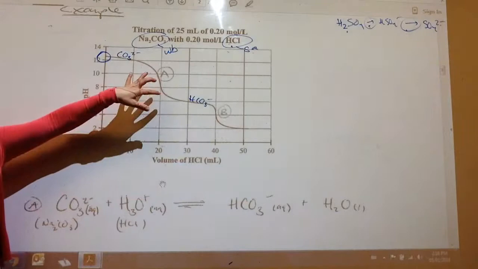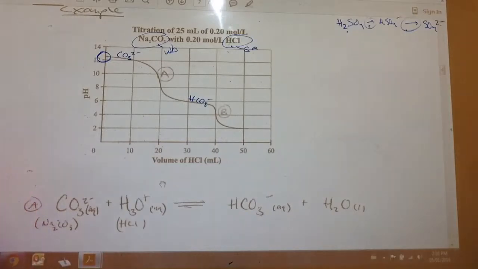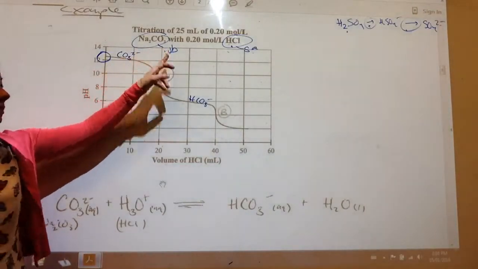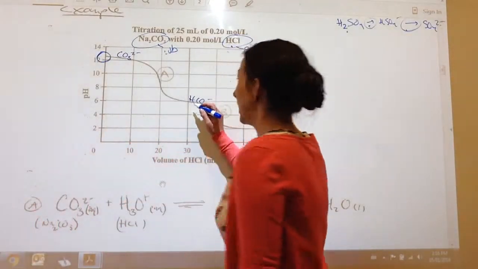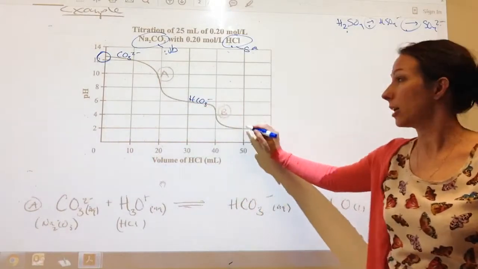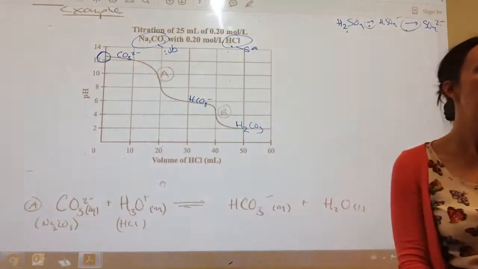So this is the first reaction here. You should be writing on your graph like I am. I have all that written down. Then here it's going to accept the second proton and become H2CO3 at point B.